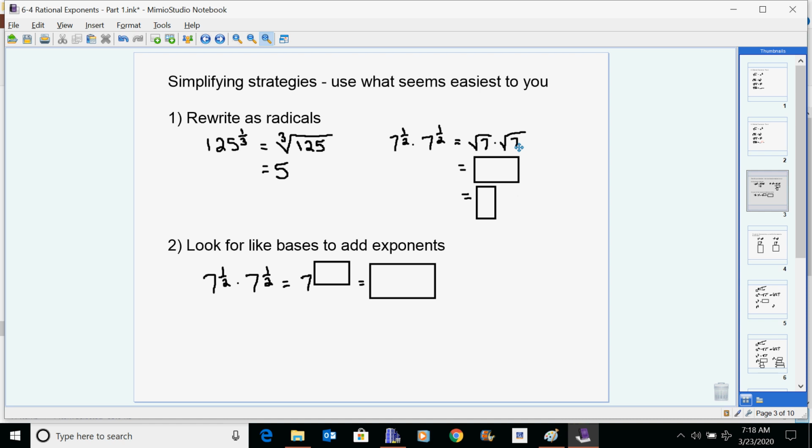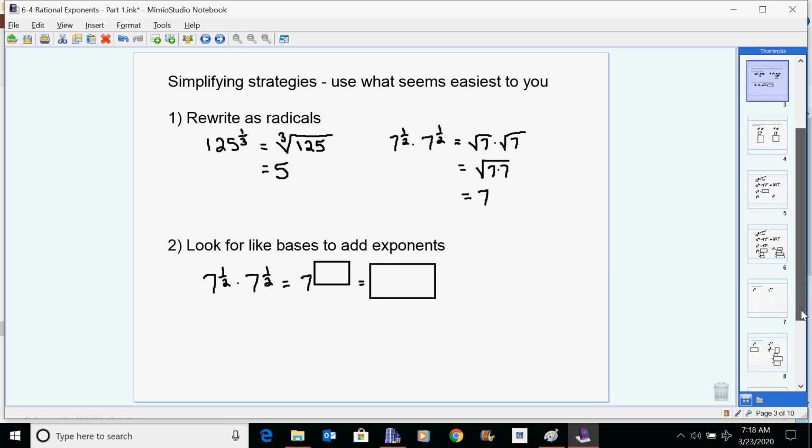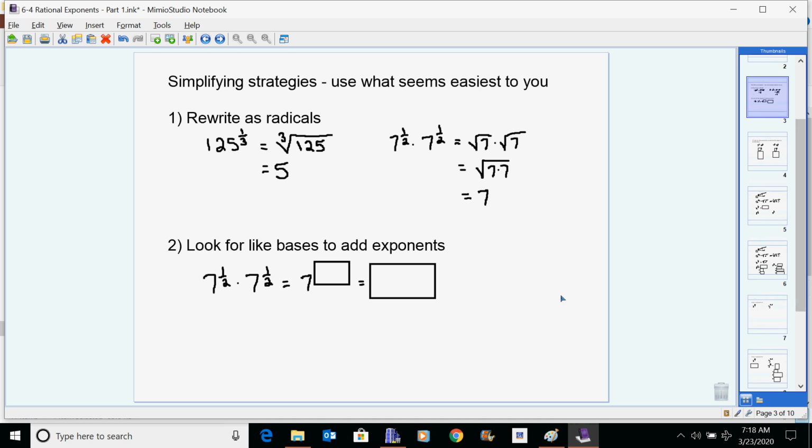So square root 7 times square root 7 is really the square root of 7 times 7, or 49, which would give you an answer of 7. So using radical form can help you by hand simplify some of these expressions. And that might be good for you down the road, especially on the SAT portion that doesn't allow calculators. You need to have all of your resources and be able to do those things.